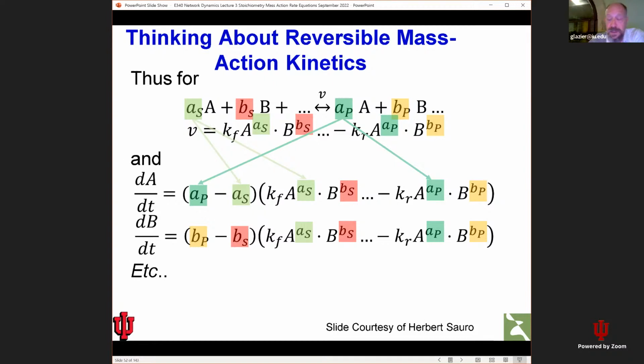And so there is this systematic way of converting the chemical reactions to the ODEs. But it's pretty easy to lose one of these terms when you're doing it, so you do want to be careful. Any questions about that? I realize it seems like a lot to be counted, but in my experience, it's easy to get this right.